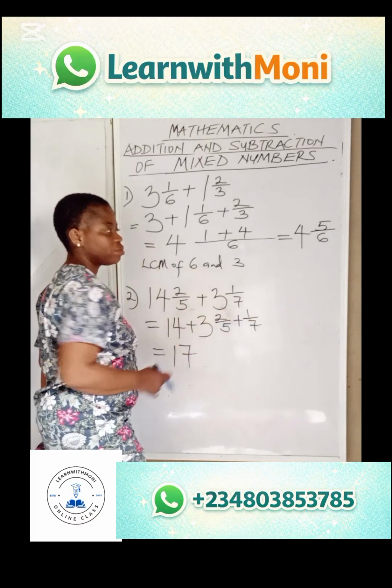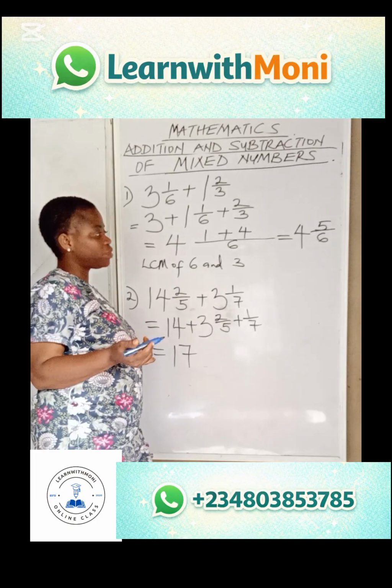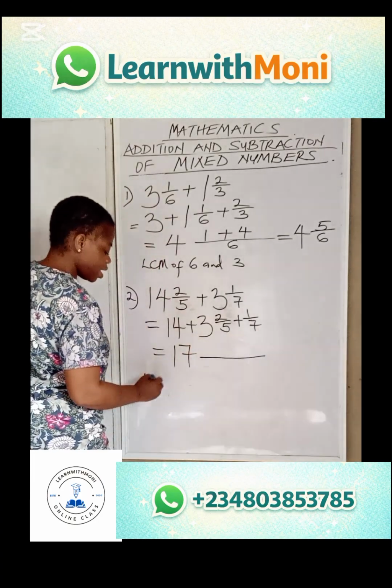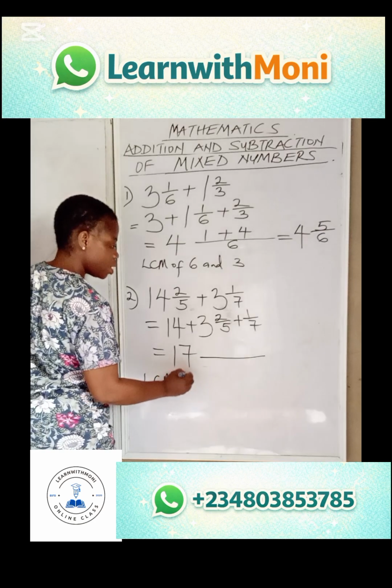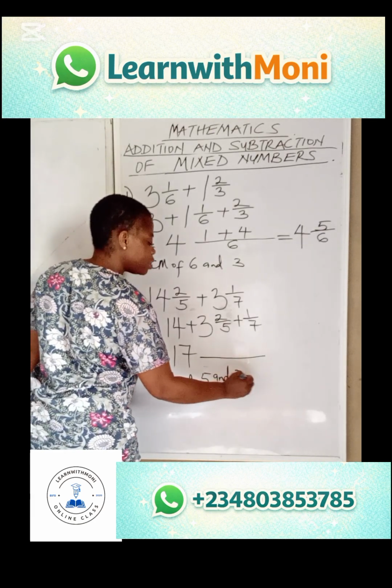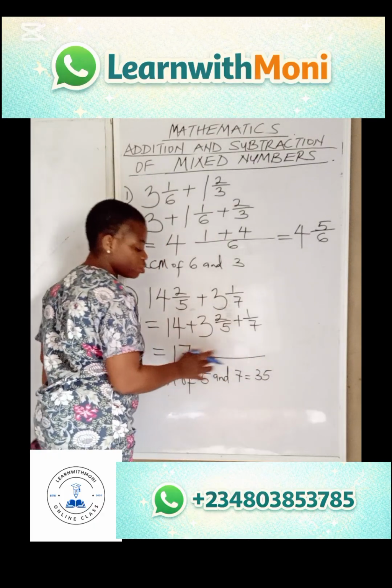Now for the fraction, I want to use the equivalent fraction method as well. The LCM of 5 and 7 is 35. And I'll be using 35 as the common denominator.